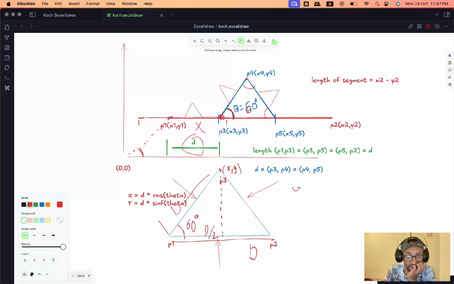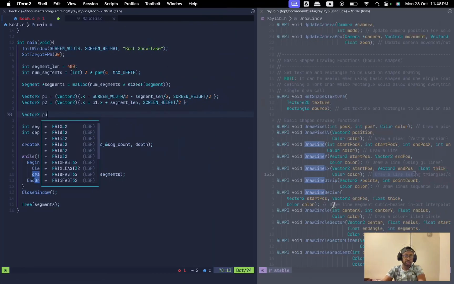Again, y is D times the sine of theta, and x is D times the cos of theta. I can use that.